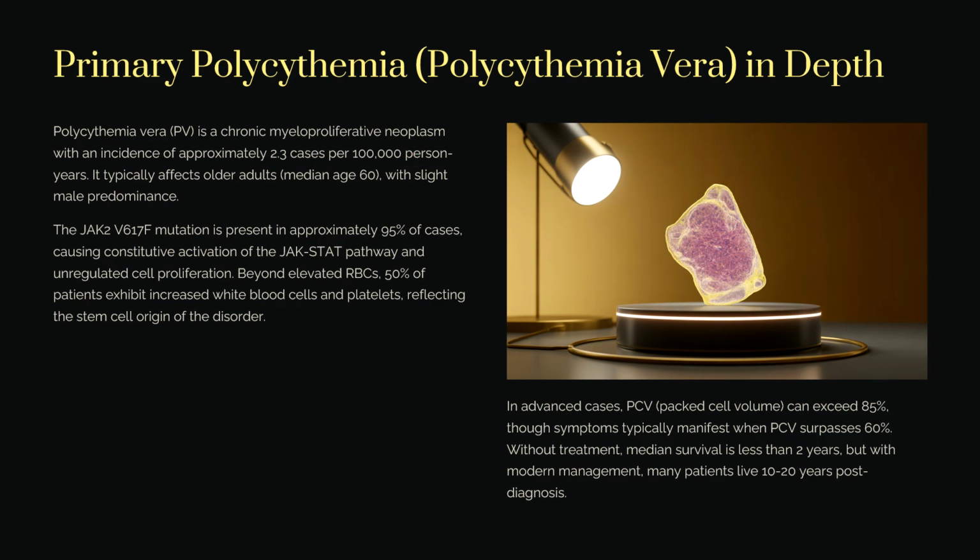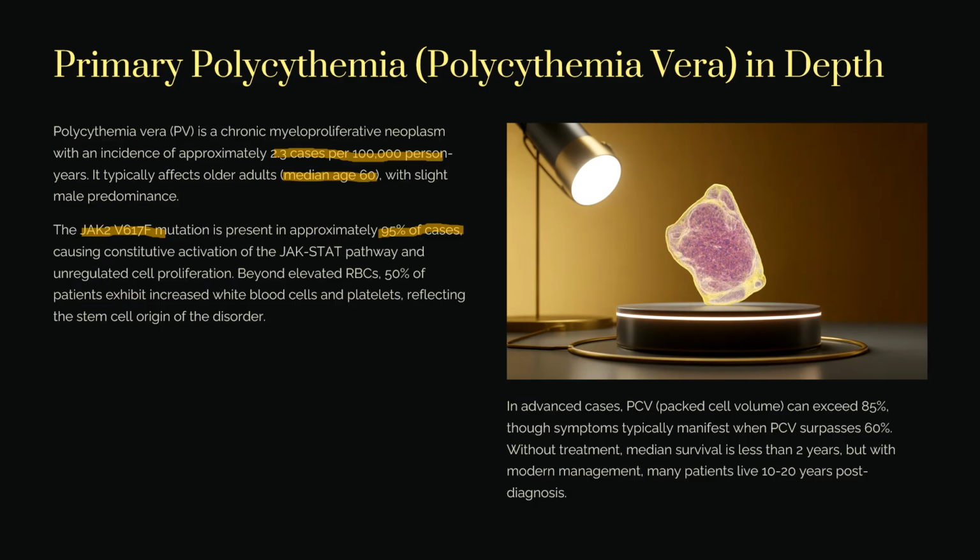The incidence is approximately 2 to 3 cases per 1 lakh persons per year, and the median age is 60. The JAK2 V617F mutation is present in approximately 95% of the cases, causing constitutive activation of this pathway and unregulated cell proliferation.